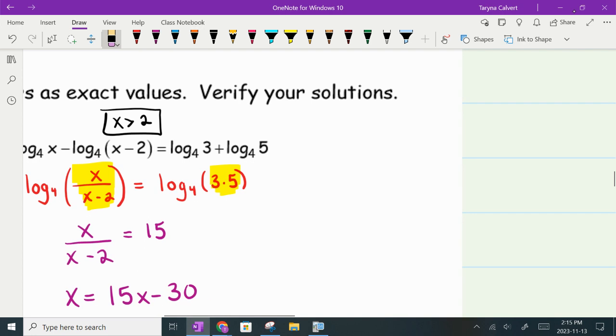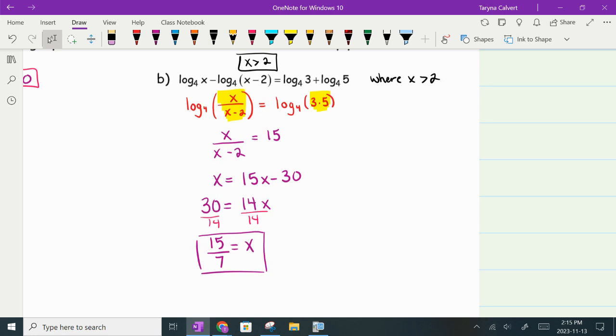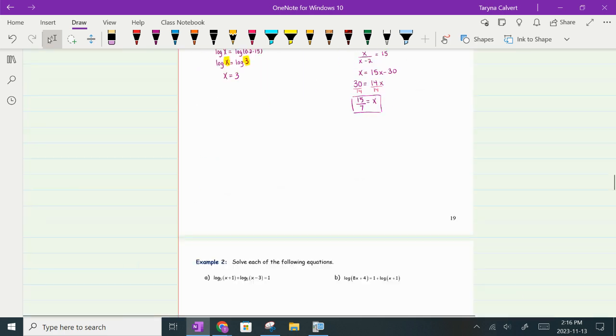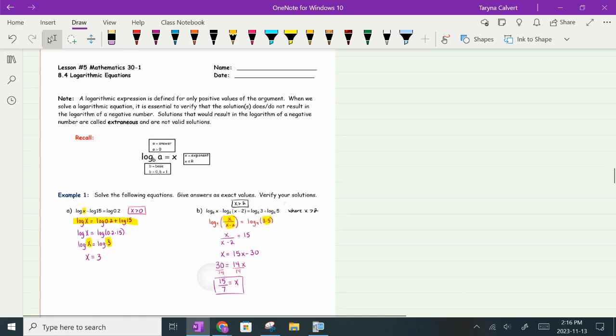So before you start, you be thinking, right, where x is greater than 2. So is 15 over 7 greater than 2? Yep, it is. It's 2.14 or 2.2-ish, whatever. It does fall within that restriction.